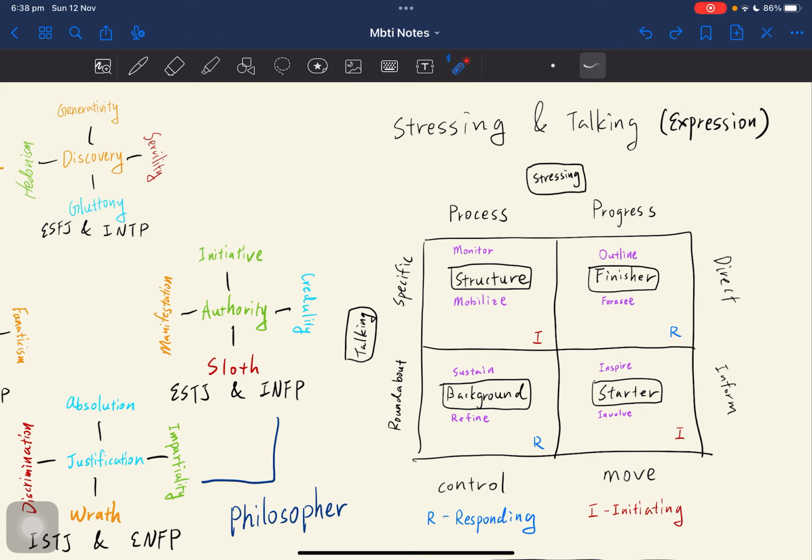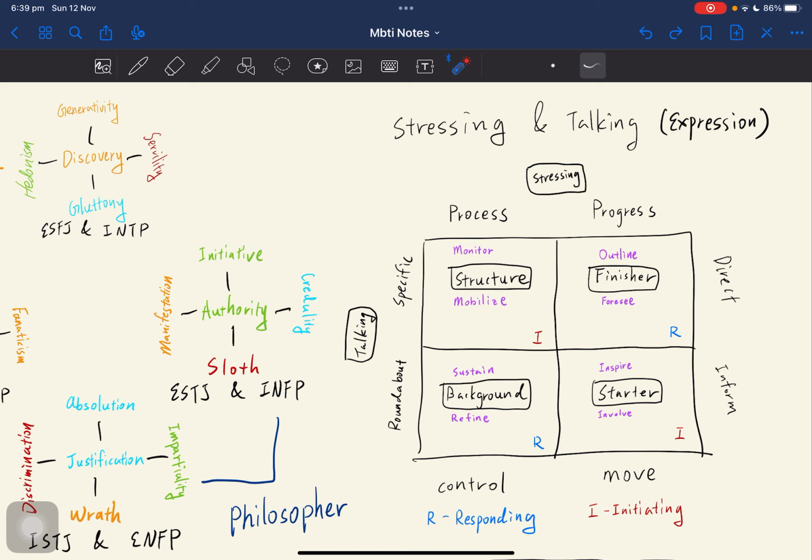And for the finisher type, they are the opposite. They have trouble starting, but they can finish something. Usually, once they have started it, they are very focused on the results, or have an idea how to get to the result.